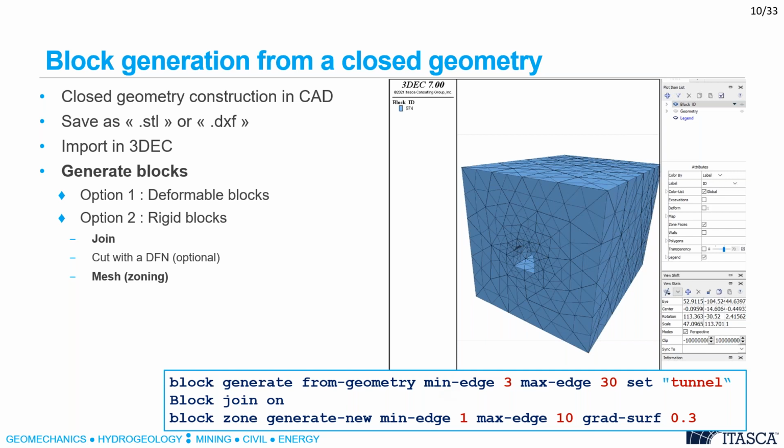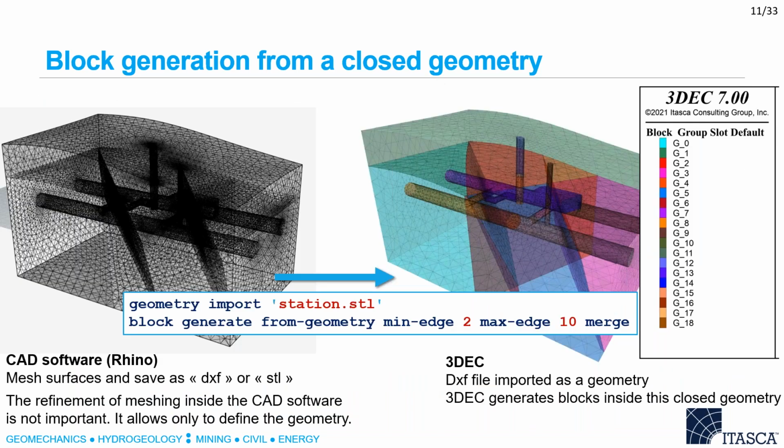We can do pretty complex models using this command. For example, on the left, we have defined this model with tunnels, fractures, and an inclined surface inside CAD. And then we imported it in 3DEC, and with a single command, we can generate blocks, and using merge, we can generate meshing.